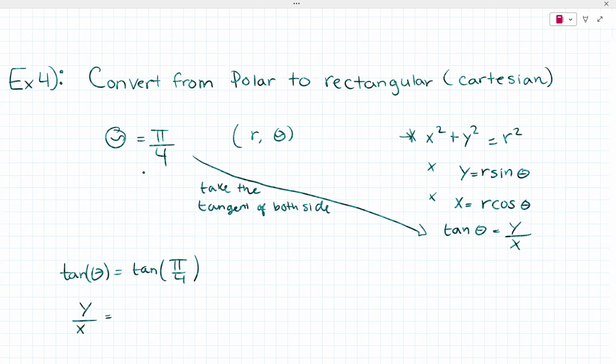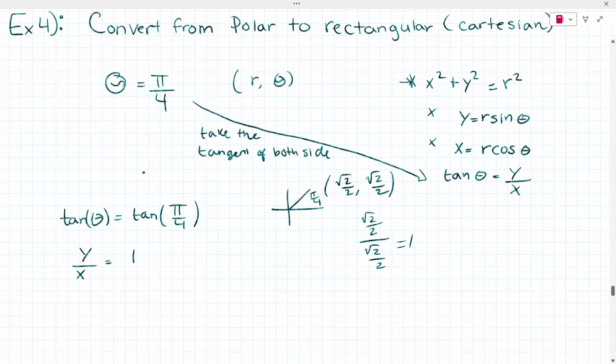And then what is the tangent of pi over 4? It is 1, right? If you look at your unit circle, it has an x coordinate of radical 2 over 2 and a y coordinate of radical 2 over 2. So tangent is y over x, so what's radical 2 over 2 divided by radical 2 over 2? 1.